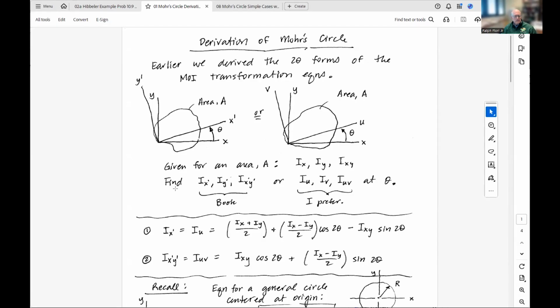Your Hibbeler book calls it Ix prime, Iy prime, Ix prime y prime for the rotated axes, and I'll do that sometimes. I prefer to call this IU, IV, and IUV at some theta. Either way, you'll see it different ways. So that's what we're looking for.